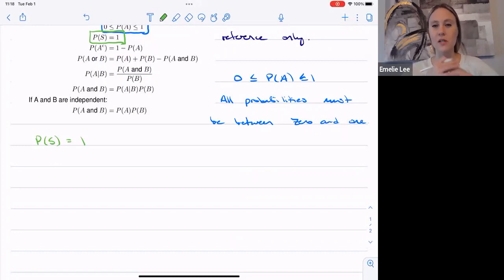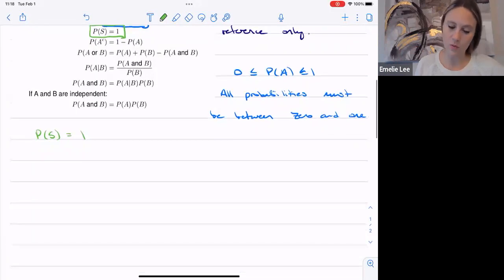So if we consider all possible things that can happen, the probability of something happening is 1, right? If we roll a die, for example, 1 of the 6 sides has to come up. So the probability of something happening from the sample space is 1. Once we consider all the possible outcomes, then it has to be 1.